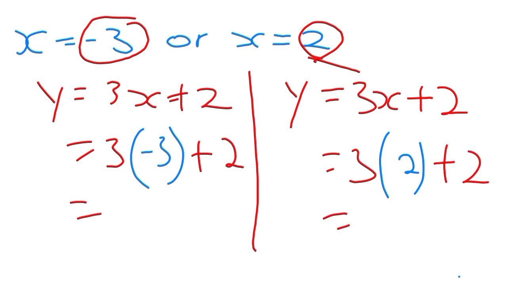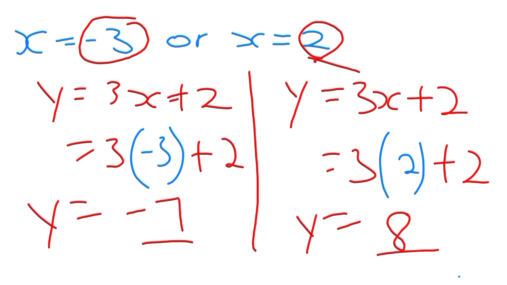Now we find our values here. Here we are going to have 6 plus 2, which is going to be 8. On this side, we're going to multiply 3 by negative 3 plus 2, which is going to give us negative 7, good people, because it's going to be negative 9 plus 2. Our y here is equal to negative 7. So the values of y are negative 7 and 8, good people.